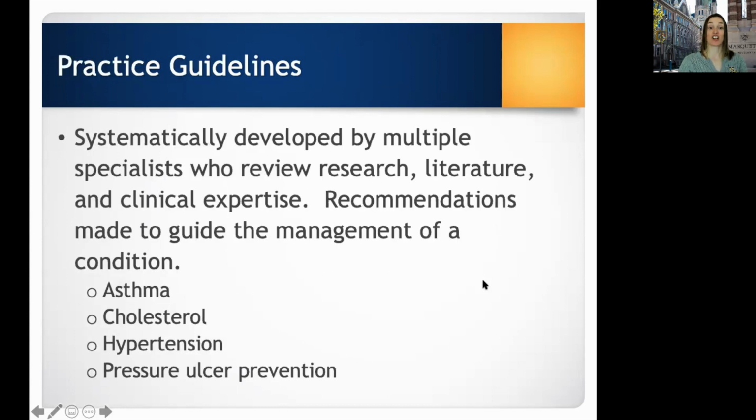Practice guidelines are systematically developed by multiple specialists who review research, literature, and clinical expertise. Recommendations are made to guide the management of conditions such as asthma, cholesterol, hypertension, and pressure ulcer prevention.